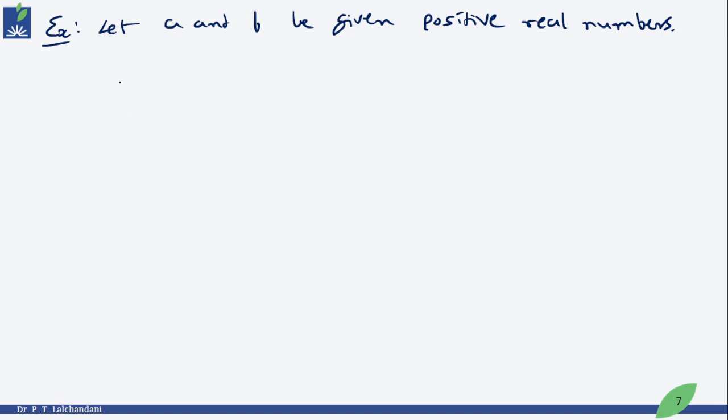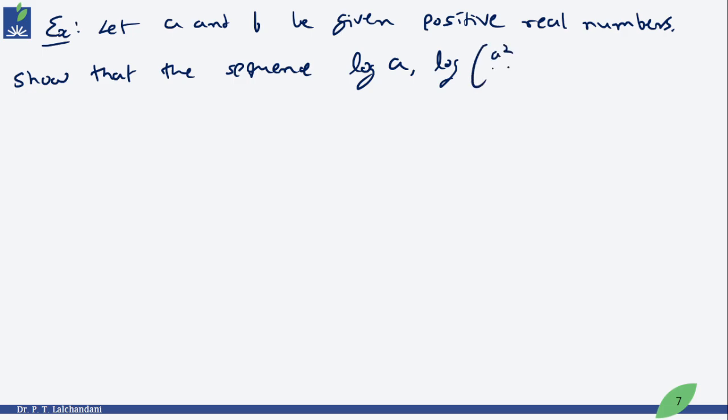Now we have to show that the sequence log a, log a squared upon b, log a cubed upon b squared, and so on is an arithmetic progression.